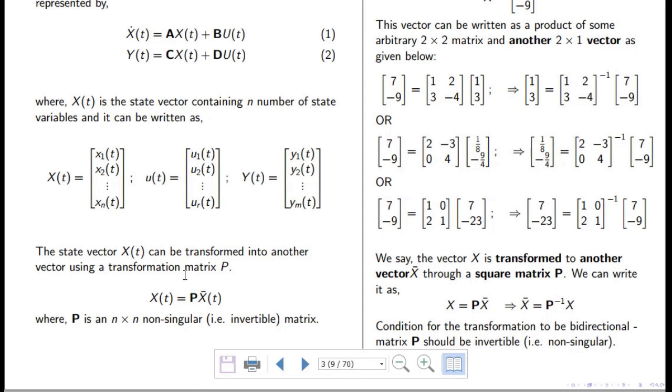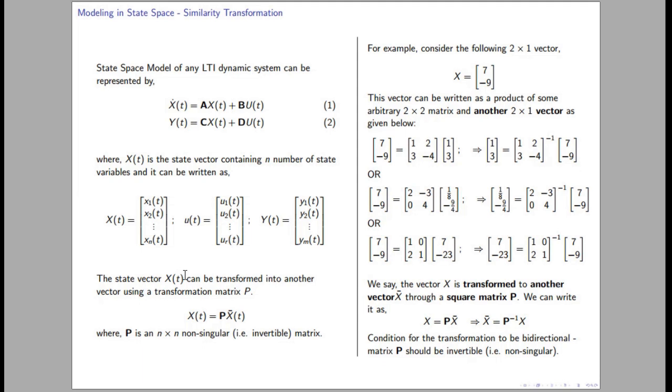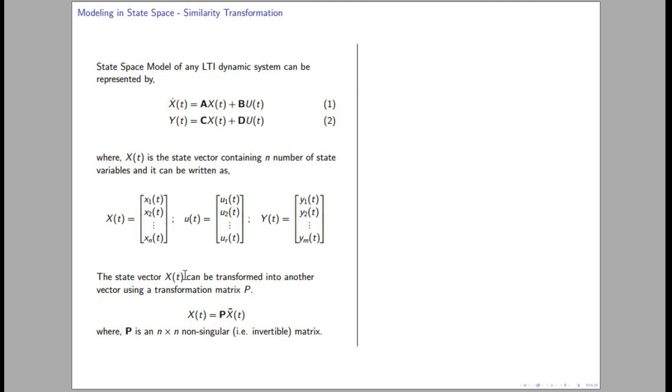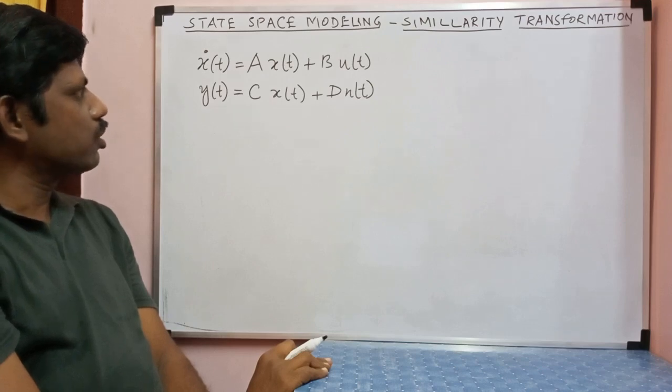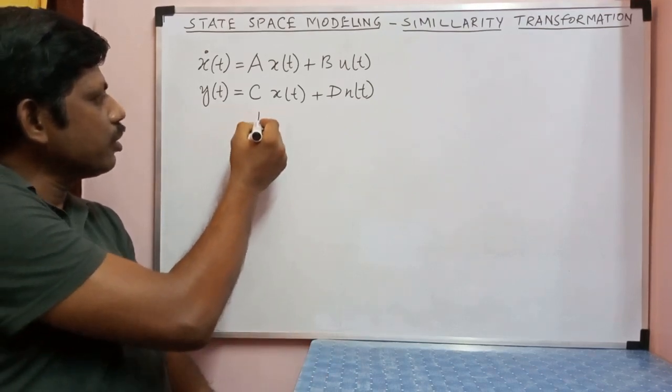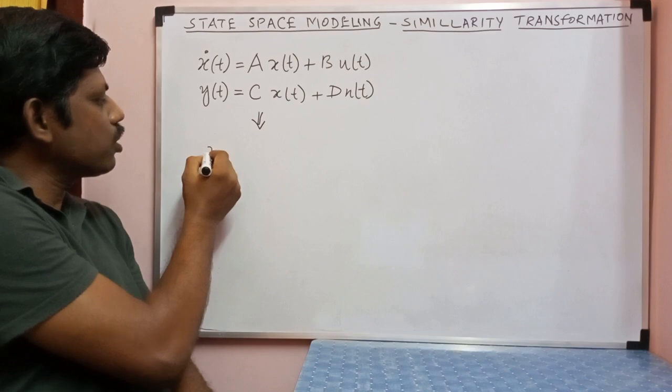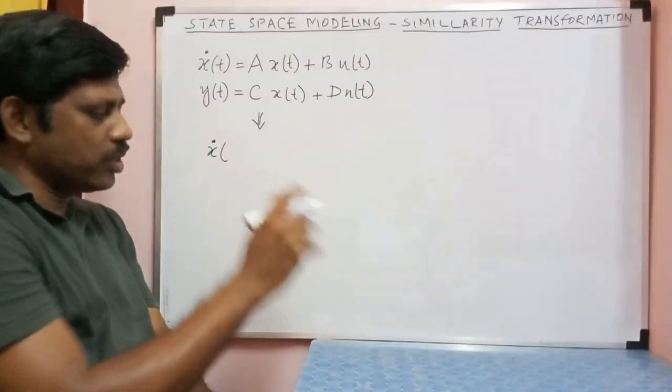Okay, now hope you will agree with me that x of t can be written as P into x bar of t. Okay, so if that is so, now I can use the transformation here in the state space model. See, I will write this state space model as x dot of t.